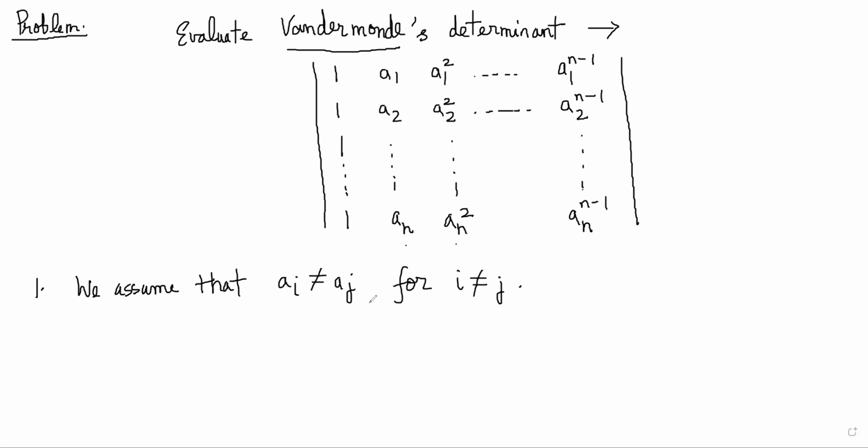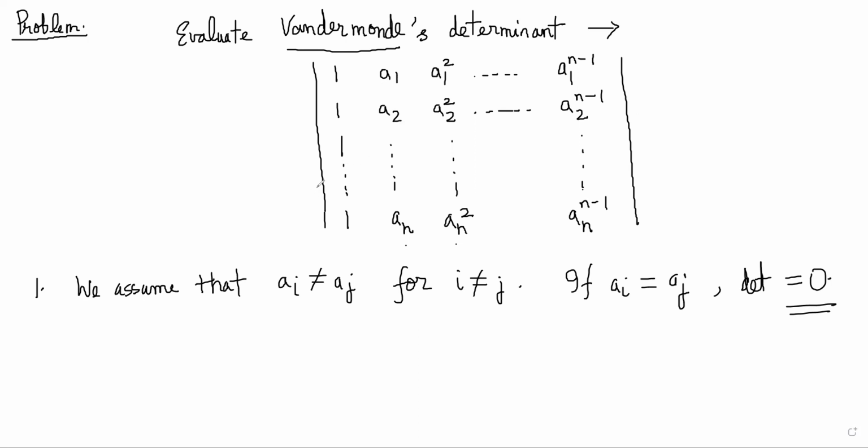None of the a's are equal if they are in different rows. Because if ai was equal to aj, then two rows will be absolutely identical, right? The ith row will be identical to the jth row, and then the determinant would be 0. So the determinant is 0 if any of the different ai's are equal.